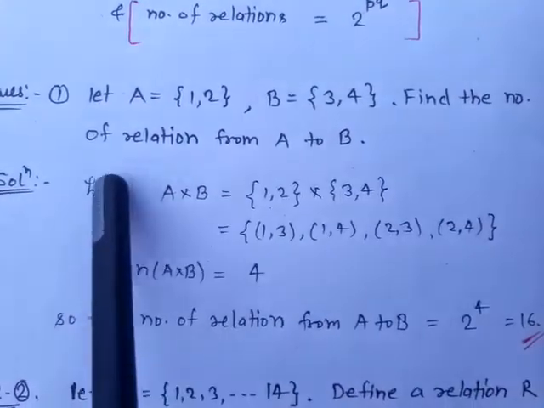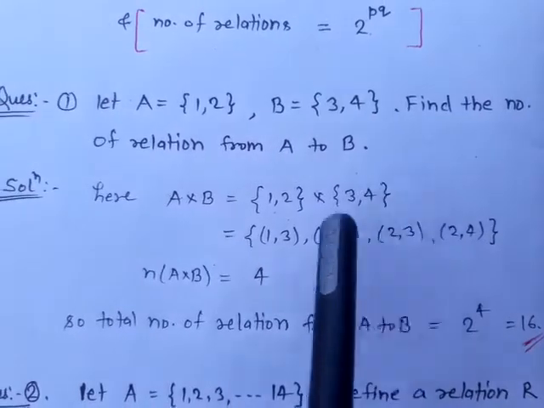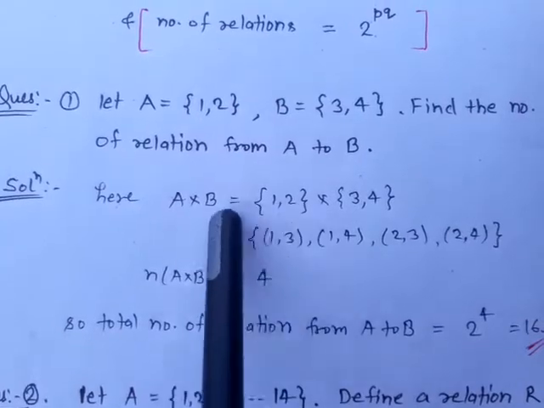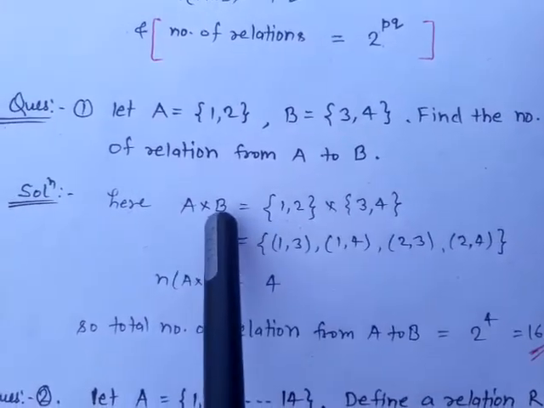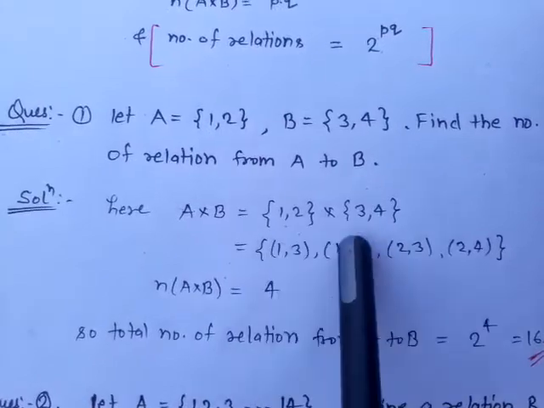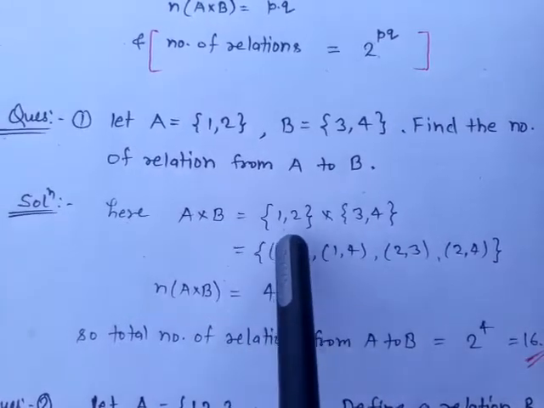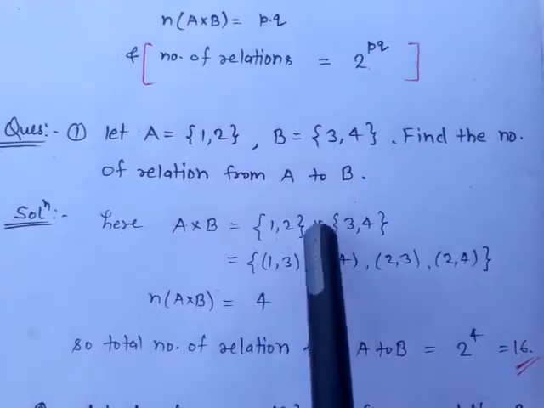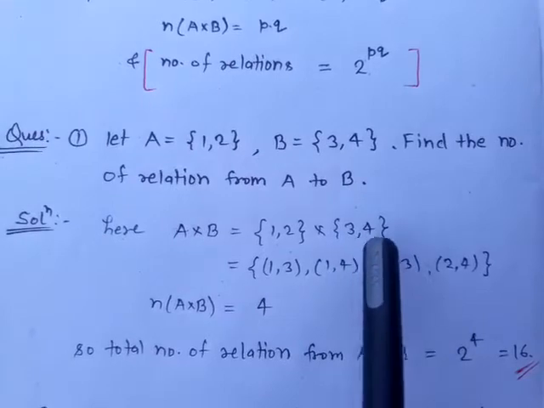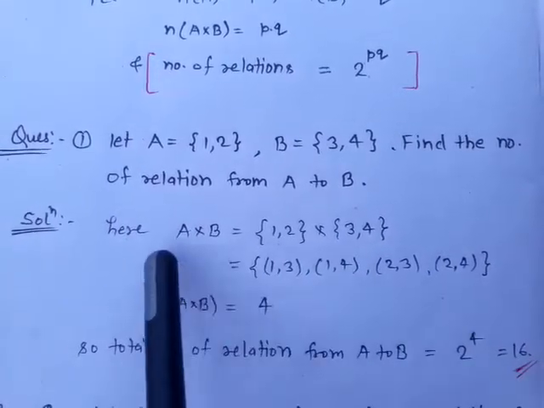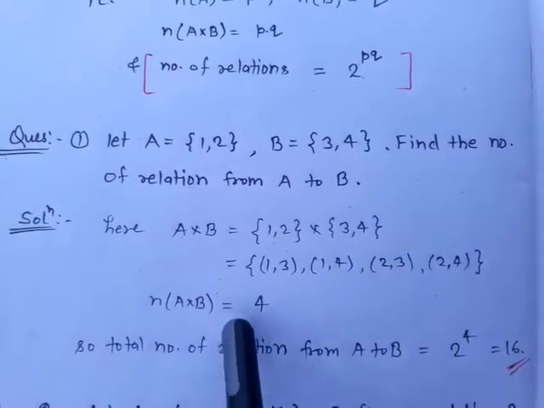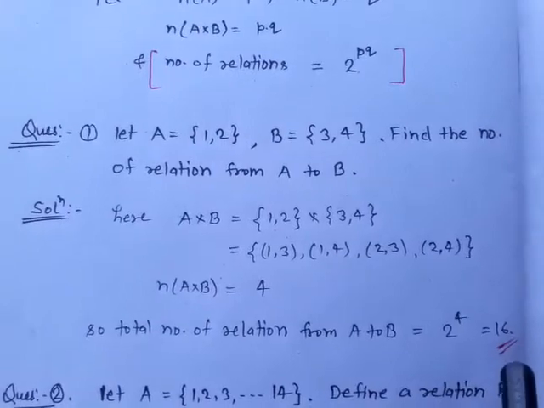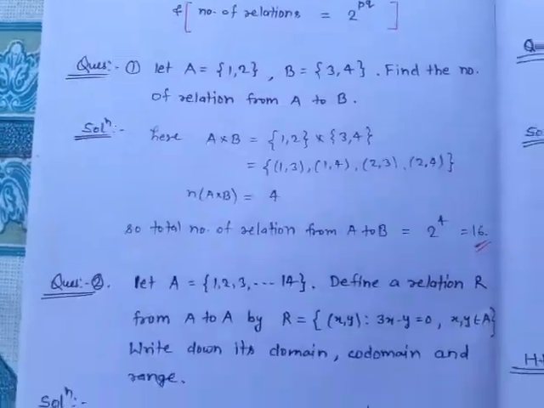First we find A cross B: in place of A we put 1, 2 and in place of B we put 3, 4, giving the ordered pairs (1,3), (1,4), (2,3), (2,4). There are 4 elements in A cross B, so n(A cross B) is equal to 4. So the total number of relations from A to B is 2 to the power 4, equal to 16.